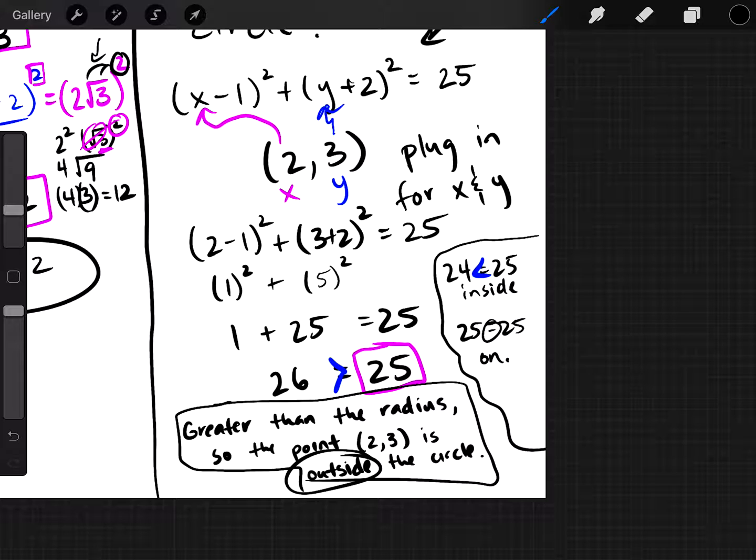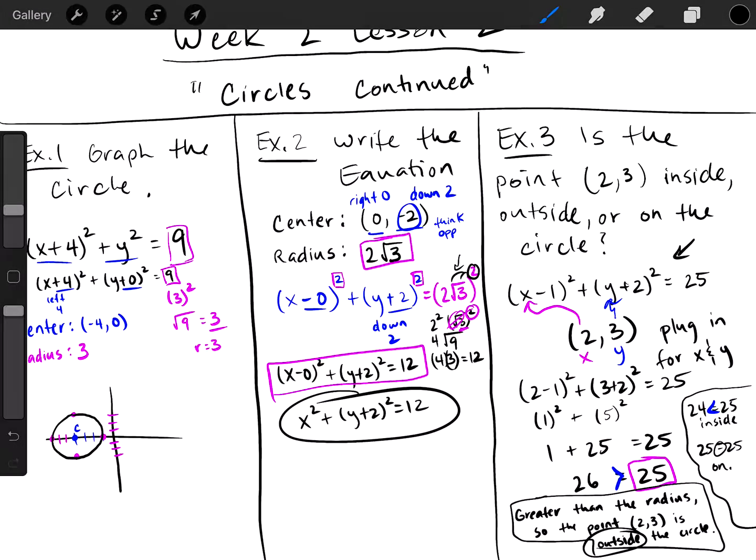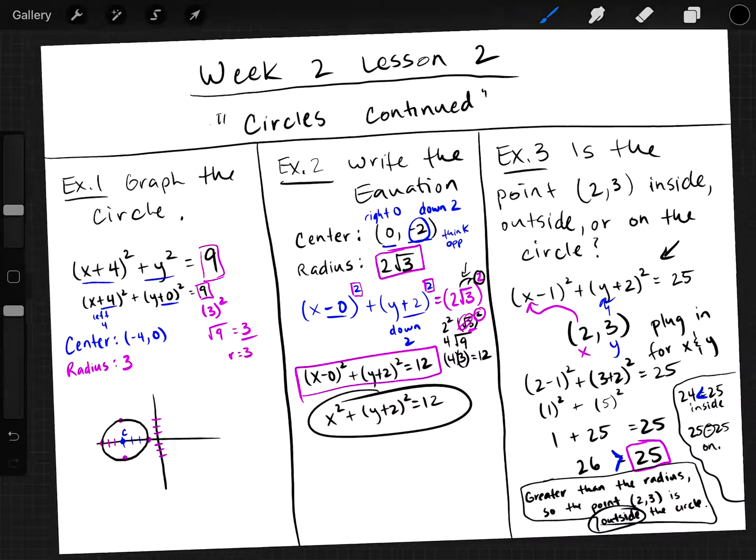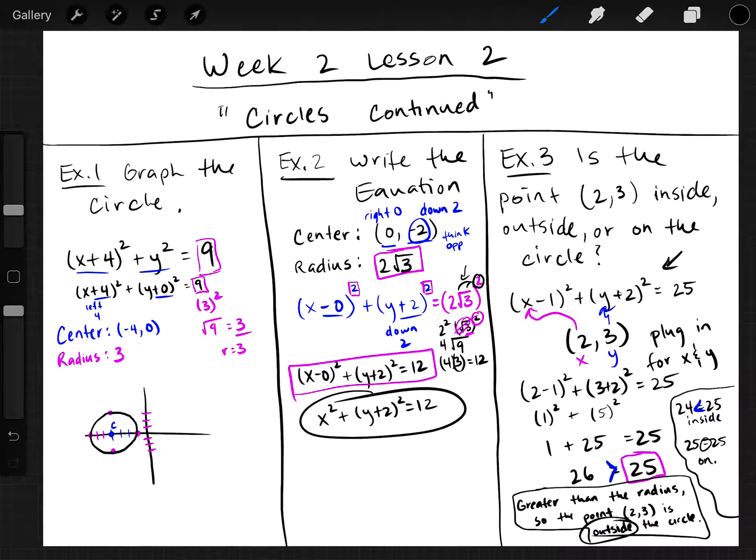And the last case, let me put a little box so you can see that. If we ended up with something like 25 equals 25, now, since they are exactly the same, that means it would be on the circle.